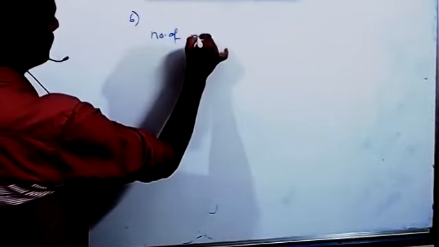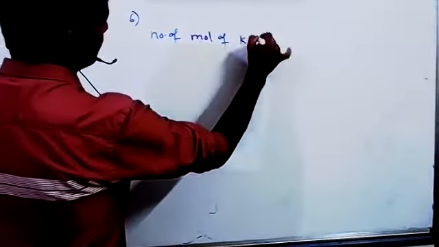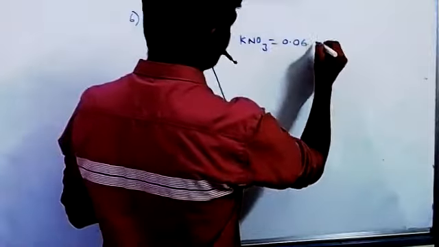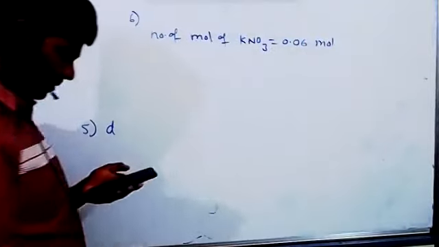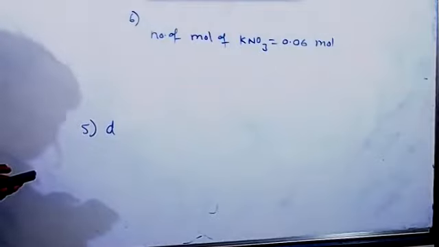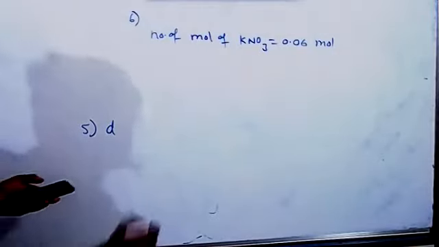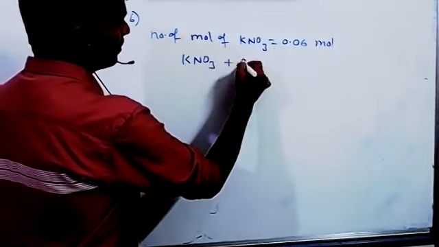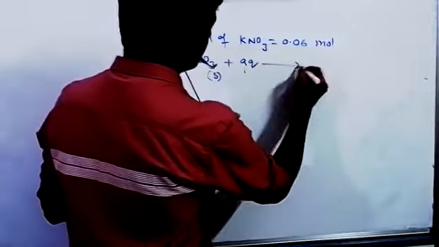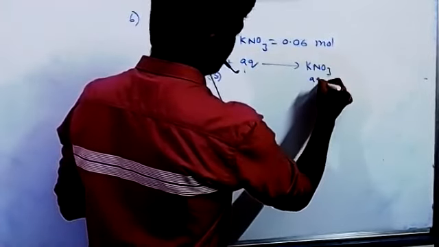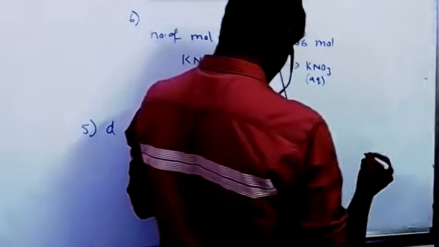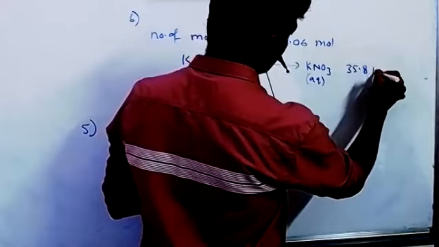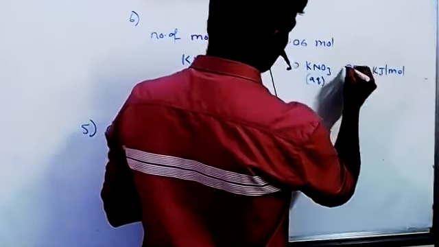Number of moles of KNO3 is equal to 0.06 mole. And the enthalpy of KNO3, when KNO3 is dissolved in water, if 1 mole dissolves, 35.8 kilojoule per mole of heat is absorbed.